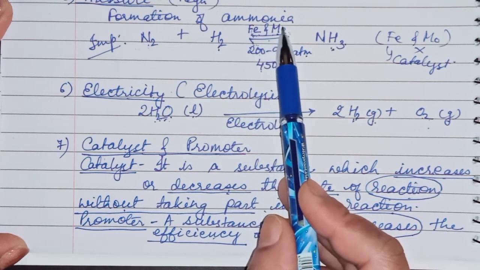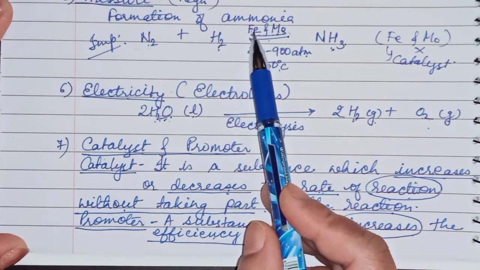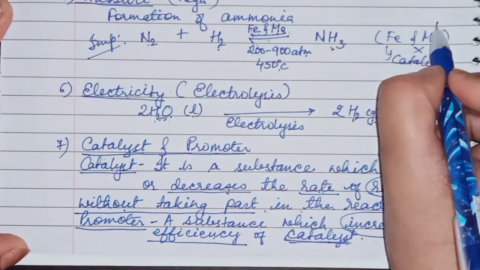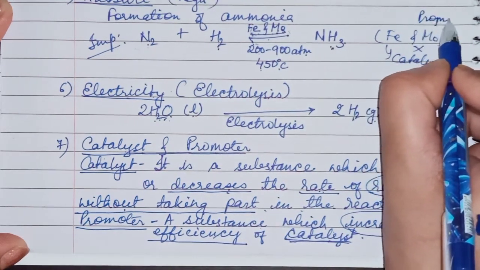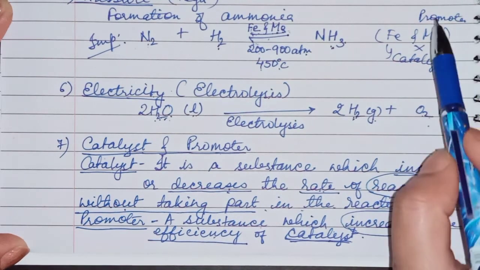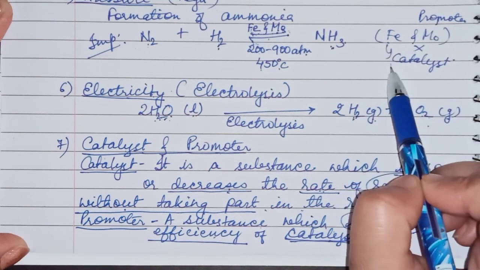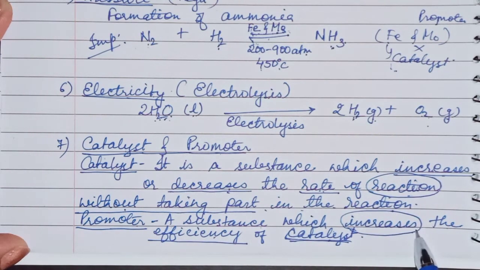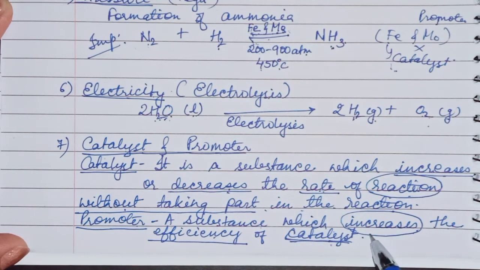Here molybdenum is for iron only, it is not for the reaction. Molybdenum is a promoter which will increase the energy of iron, that is the catalyst. Promoter is a substance which increases the efficiency of the catalyst. It will not take part in the reaction and it will not speed up the rate of reaction. It will only increase the efficiency of the catalyst.